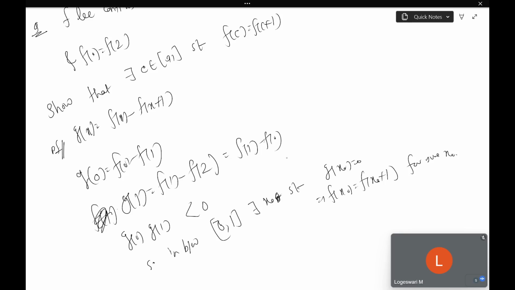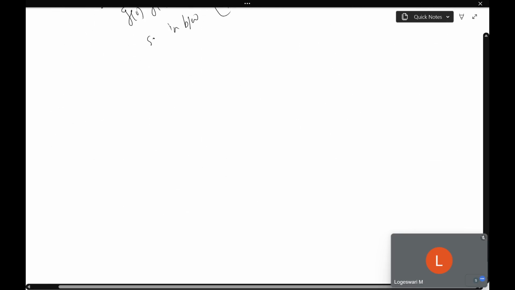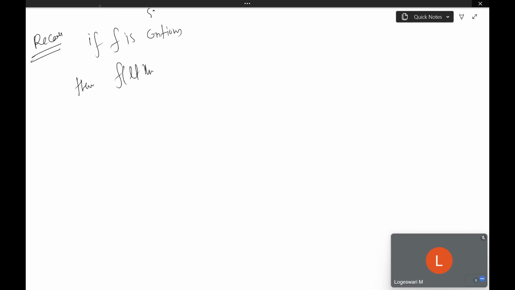So the next problem. One thing we need to recall is that if f is a continuous function, then f of limit x_n is equal to limit of f(x_n).